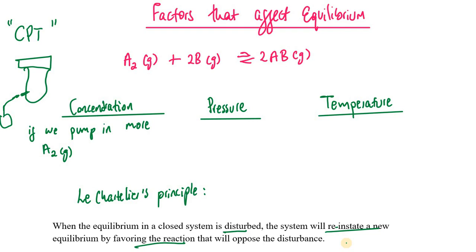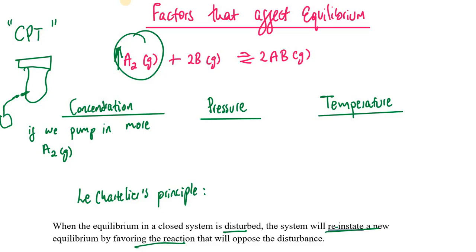Okay, so what this means is that if you pump in more A2, there will be an increased concentration of A2. The system is going to reinstate a new equilibrium by favoring the reaction that will oppose this disturbance. What disturbance have we imposed? We have increased the concentration of A2, which was not supposed to happen because the system had reached equilibrium.